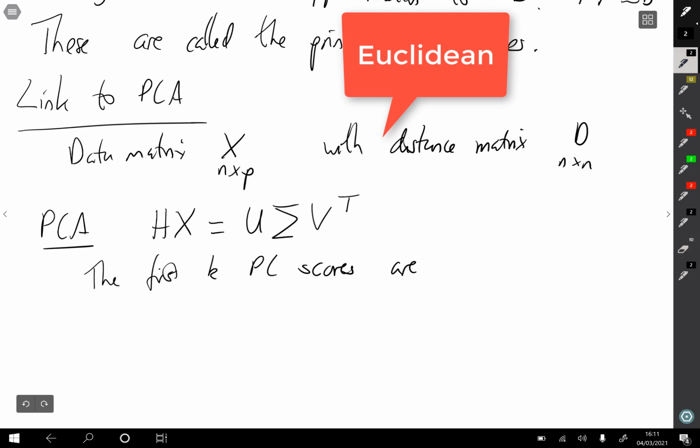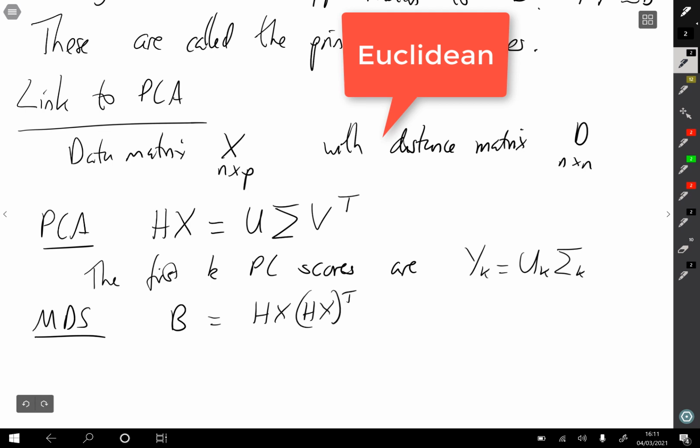The first k principal component scores are Yk, which is Uk sigma k. Well, what does multidimensional scaling do? It forms the centered Gram matrix B, which is HX times HX transposed.